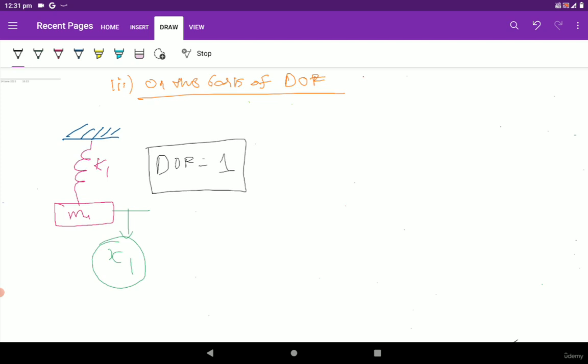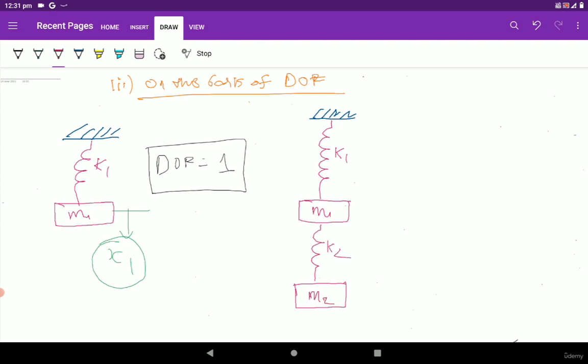Now let's see another case. So this is mass m1 and it has spring constant k1, and to this mass there is another spring attached which is attached to the mass m2, and the spring constant for the second spring is k2.